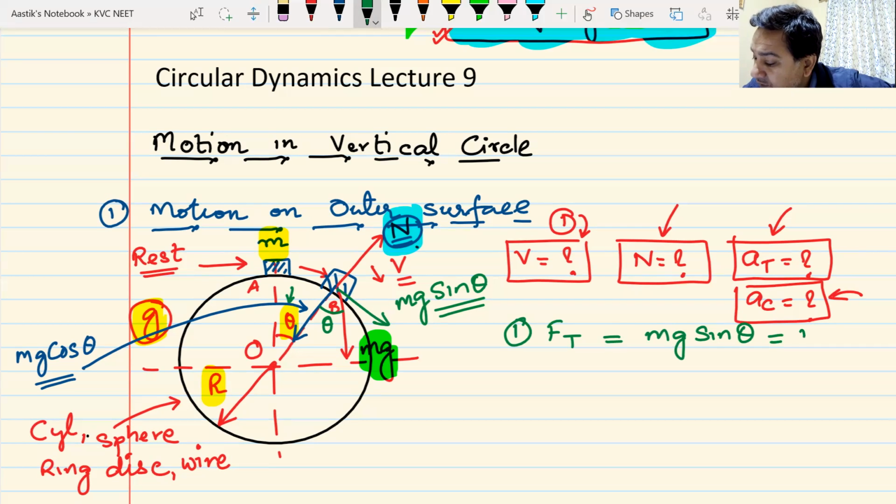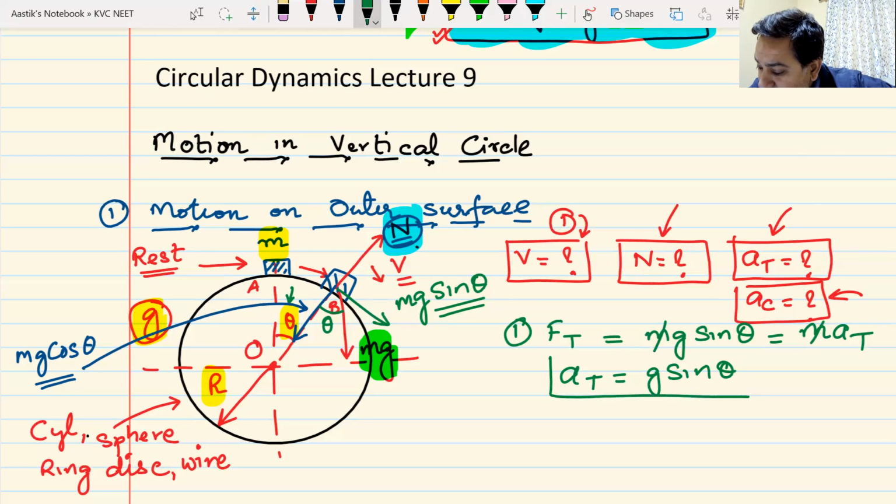From here, you can equate this force to m into at. M and m will get cancelled, and the value of your tangential acceleration will be equal to g sin theta. You are not going to be asked this question ever, but you know the answer now. That is the answer for your tangential acceleration.